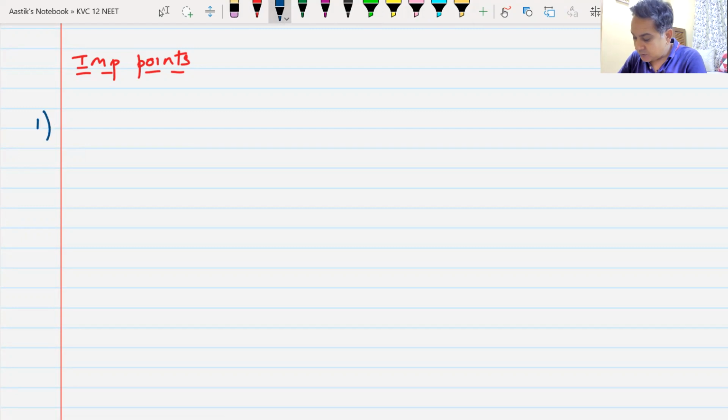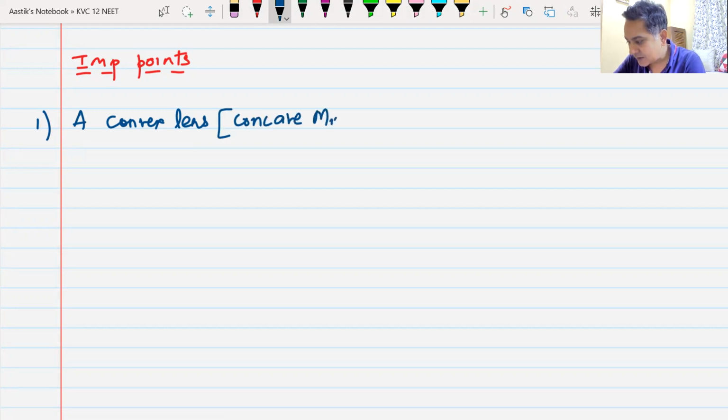Number 1, a convex lens. Now, whatever I am writing for convex lens can also be written for concave mirror. So I write it as concave mirror in the bracket so that we are memorizing everything that we know.